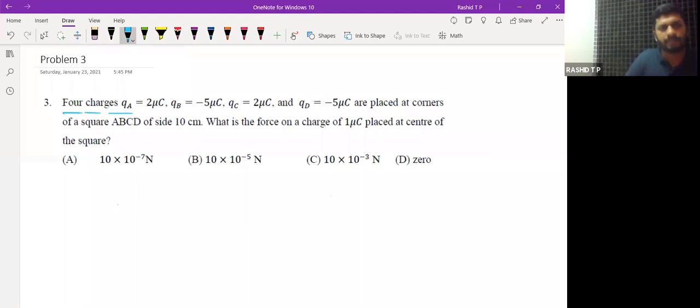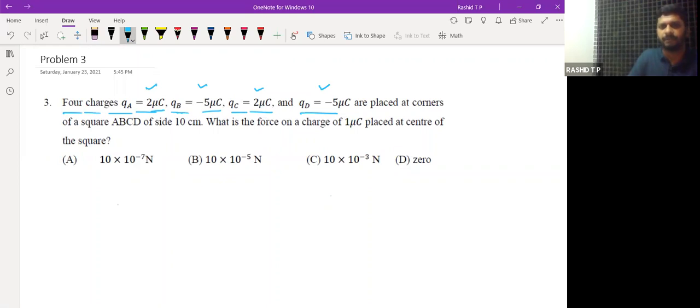There are 4 charges QA, QB. See, QA is equal to 2 microcoulomb, QB is equal to minus 5 microcoulomb, QC is equal to 2 microcoulomb. Here QA is 2 microcoulomb, QC is also 2 microcoulomb, QB minus 5 microcoulomb, QD minus 5 microcoulomb.